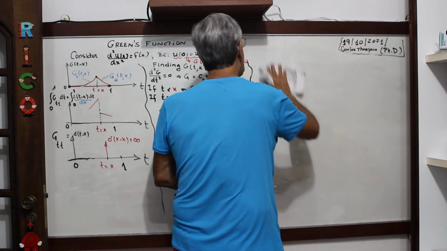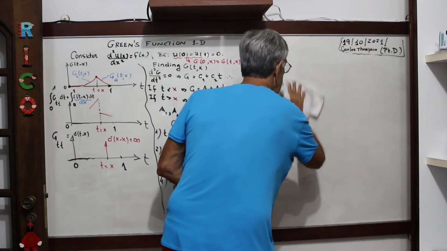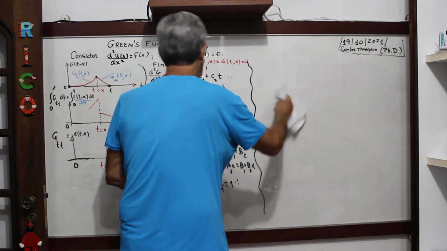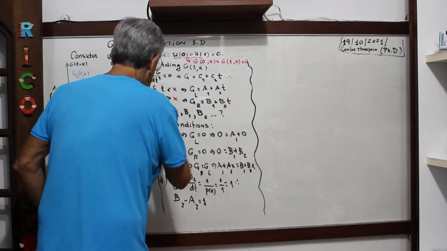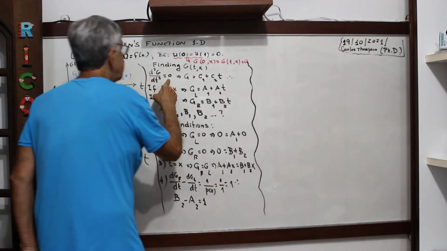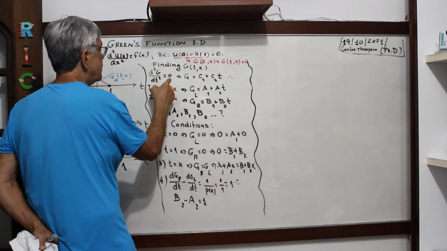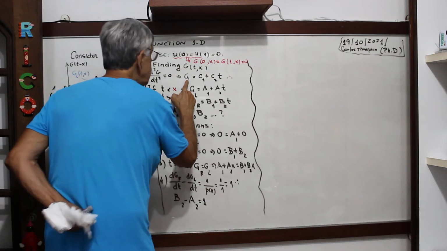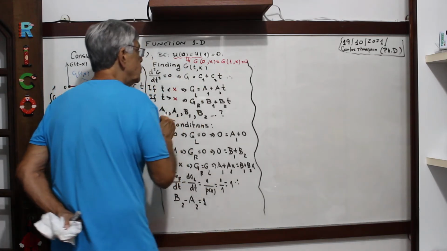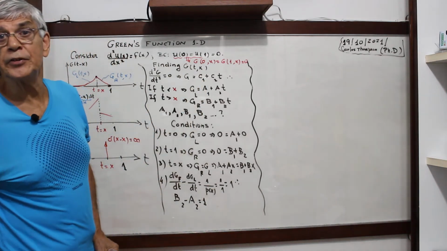Now let's solve. I'll show clearly what I'm doing here. Let's see these 4 conditions. The second derivative of G with respect to t is 0, this means that G is a function of C1 and C2, a polynomial of the first degree.